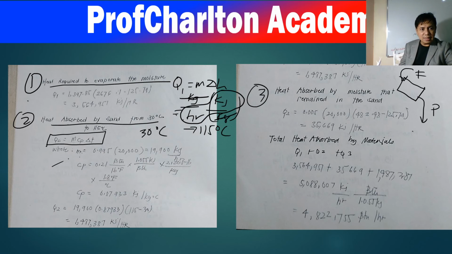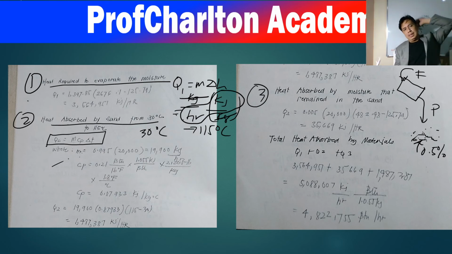When the sand comes out here, it still has some moisture, and what is the moisture? 0.5%. So here we are calculating the heat absorbed by the moisture that remained in the sand. Okay, so we will do that. Now we can calculate the remaining moisture in the sand.